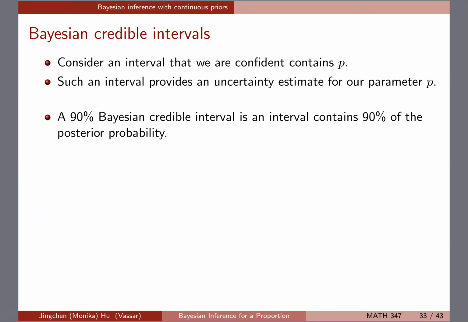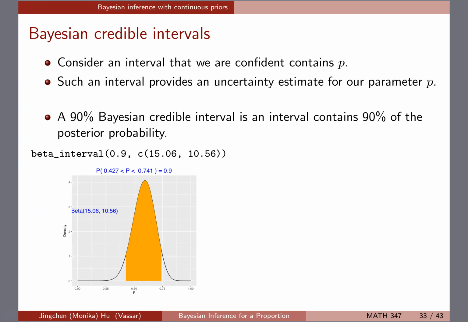And the demo that I did and I'm doing now uses the teachBayes package, which is the beta_interval function. Here you see that I'm trying to return the middle 90%. So I put 0.9 as the first input, and the second input is the vector of the two shape parameters in the beta posterior.